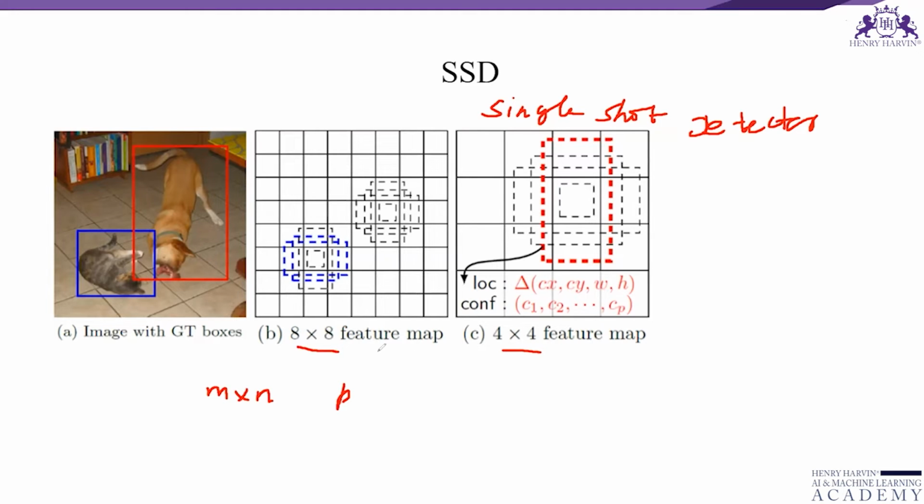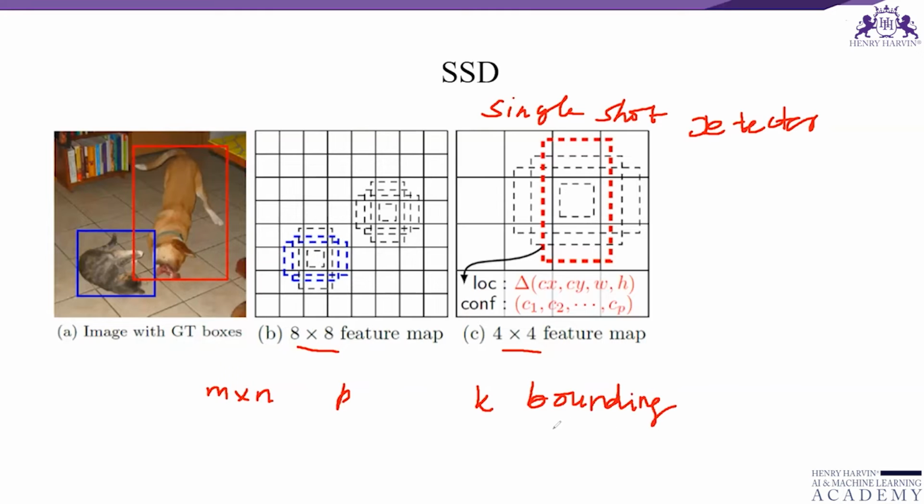A 3 cross 3 convolution is applied on this m cross n cross p feature layer. For each location, we will be getting k bounding boxes.